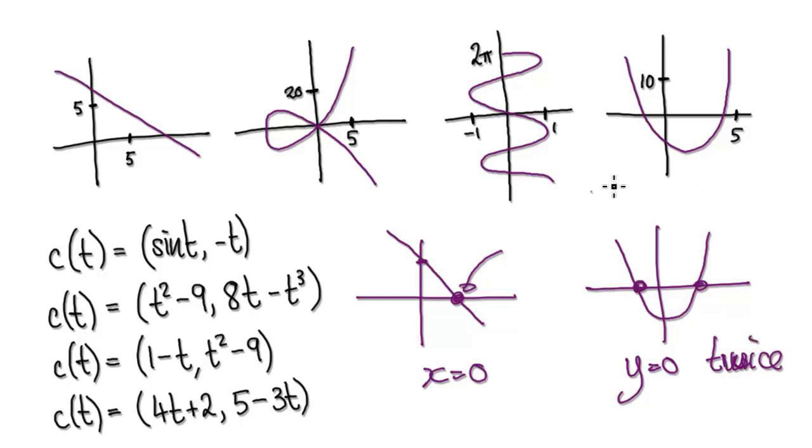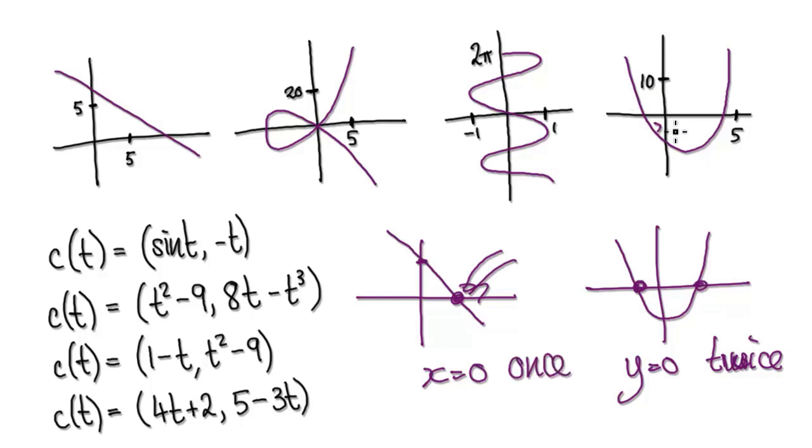I think it's this one here. Wait there. Let me double check everything. Okay, so yeah, I think it's this one here because x is 0 once.